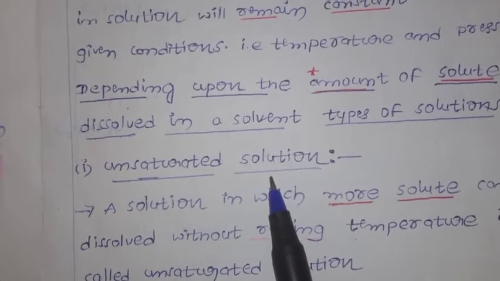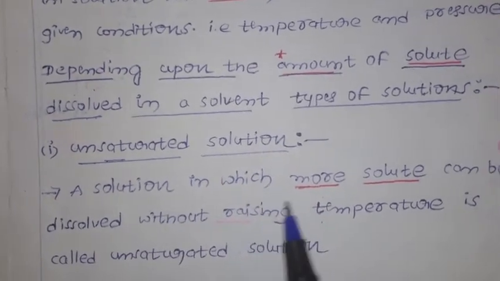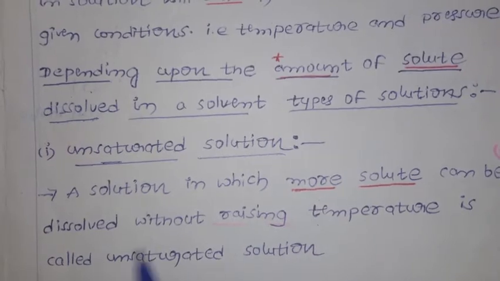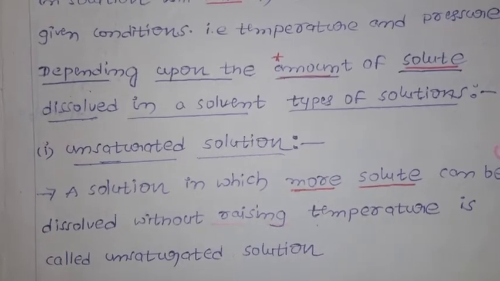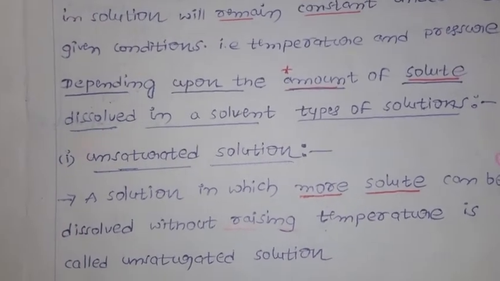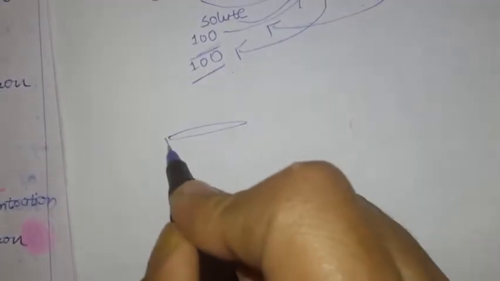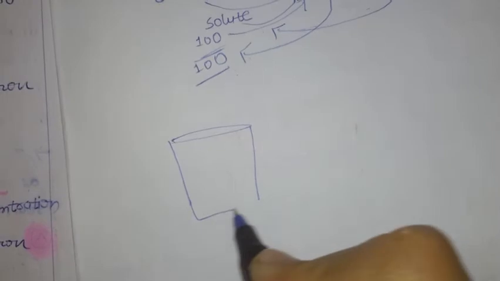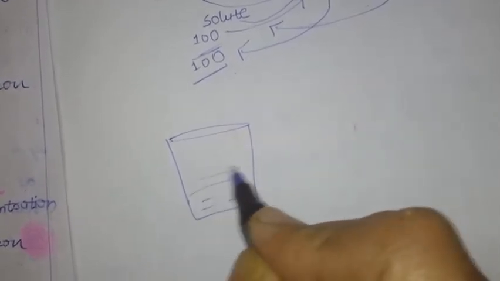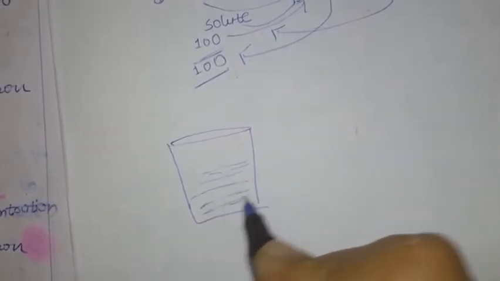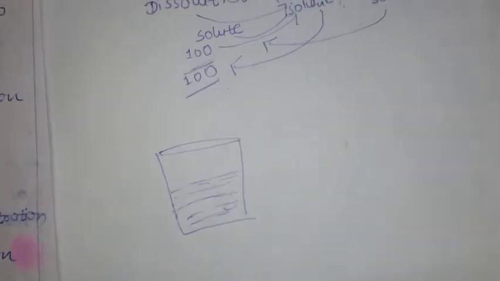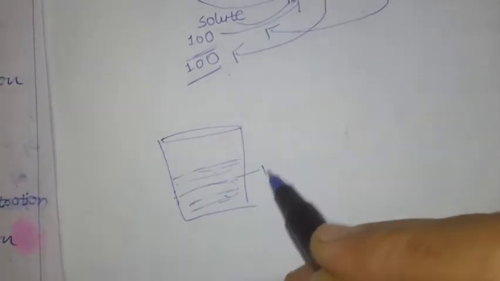Unsaturated solution means a solution in which more solute can be dissolved without raising the temperature. For example, again here I am taking one glass of water. You can use this at home also. So you are taking water as a solvent in this case.